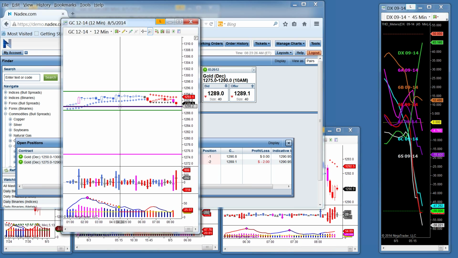This purple line right here is your ceiling, this is your floor, okay? So if price at the U.S. opening comes all the way down to here, then from your entry price, which is 1289, to 1275 is your profit potential.